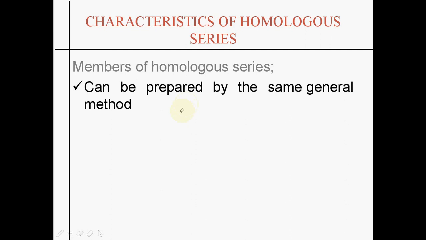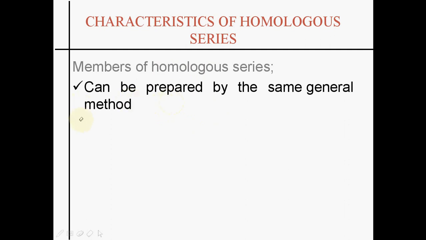For alcohols, we can do fermentation and hydration. So all the alcohols that we have can be prepared either using fermentation or hydration of an alkene. We can prepare an organic acid just by oxidizing a given alcohol.